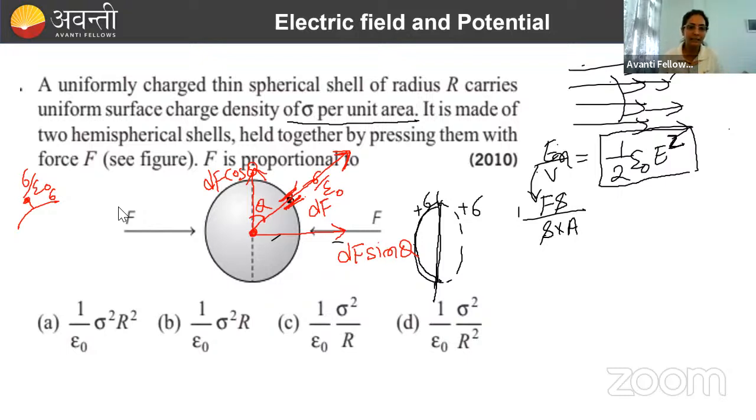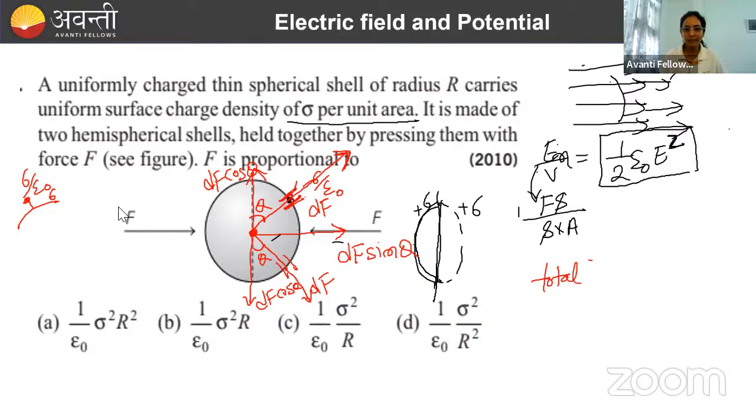If I take another element here, force will act in this sense, and suppose this angle is theta as well. So again, this force can be broken into dF sine theta and dF cos theta. Here you can see that the dF cos theta component will get cancelled if I take two symmetrical elements, and the dF sine theta component will get added.